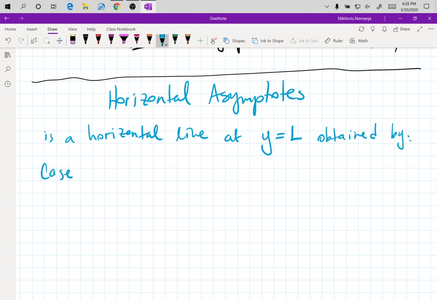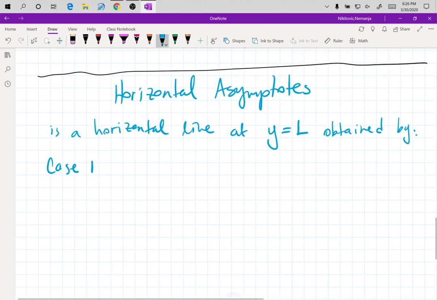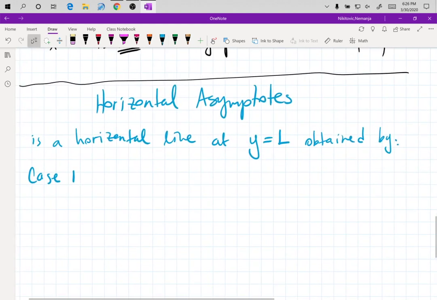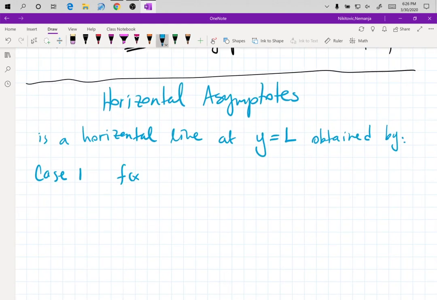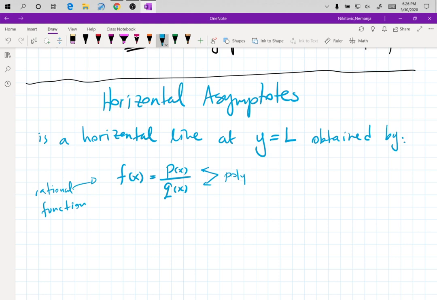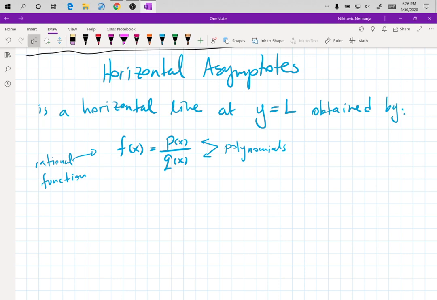Case 1. Your function f of x is a polynomial p of x divided by a polynomial q of x. That's your rational function, and these two are polynomials.